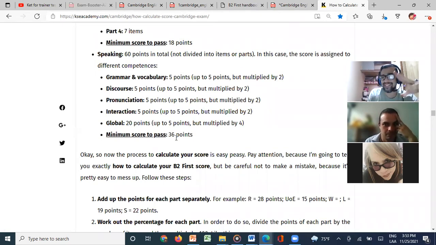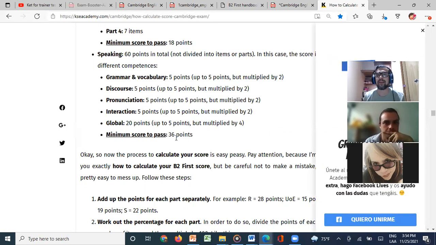It's just a practice for the test. So don't worry, don't get anxious or whatever. But minimum, you need to have 36 points. As soon as we finish this test, I'm going to do the calculation for you, and I'm going to send you how many points you got. Okay, again, 36 points is the minimum for you guys to pass.